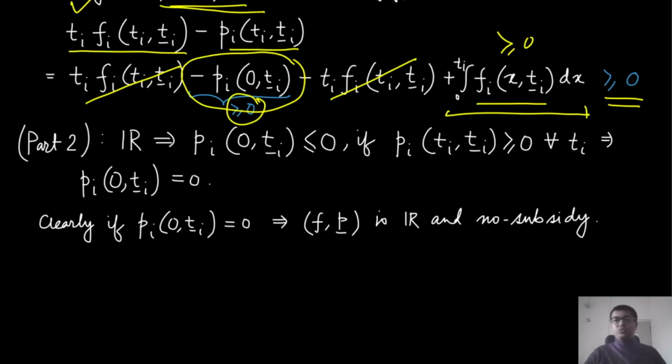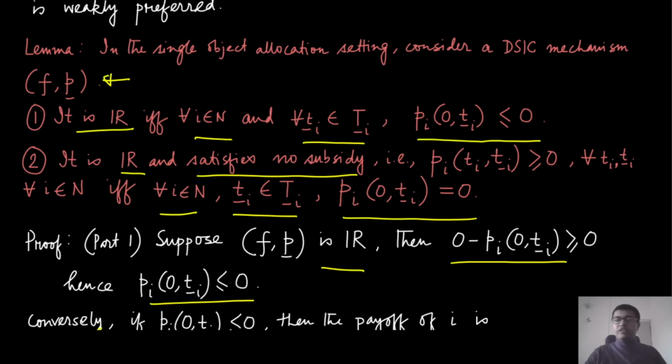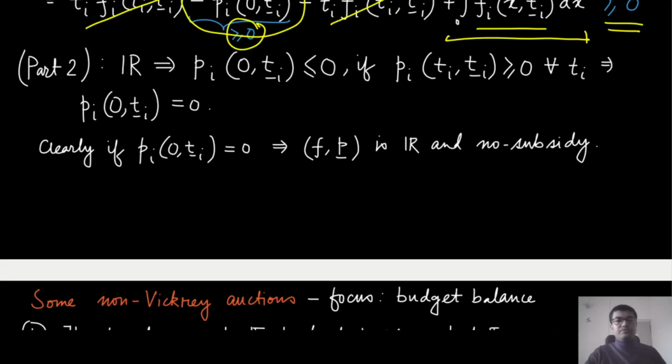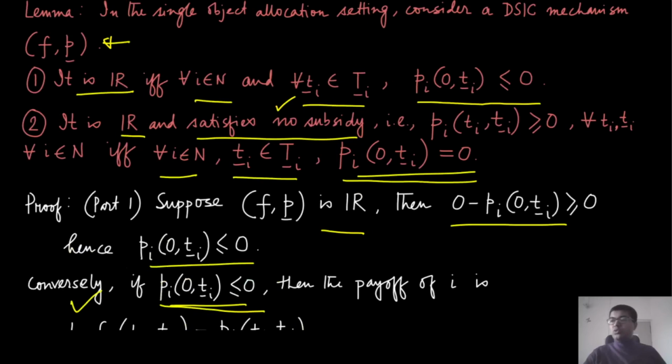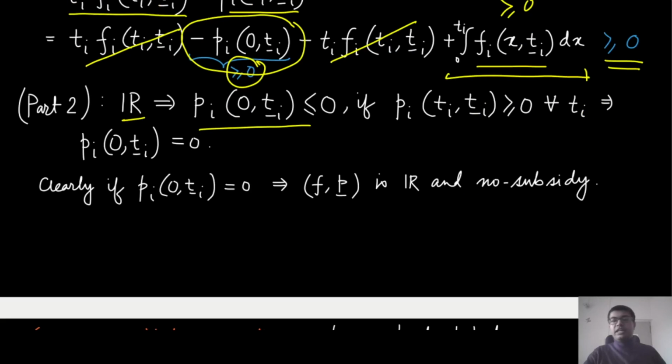For part 2, we have to show that individual rationality along with no subsidy happens if and only if this constant becomes equal to 0. Individual rationality tells us from the previous result that it is going to be non-positive, and whenever we impose no subsidy, that is pi of ti t minus I is always non-negative, that means this holds for all ti.